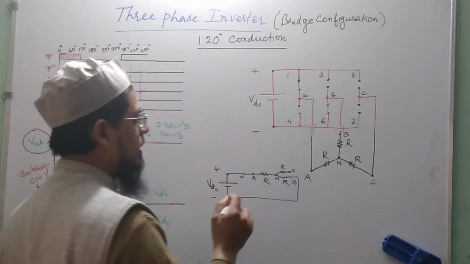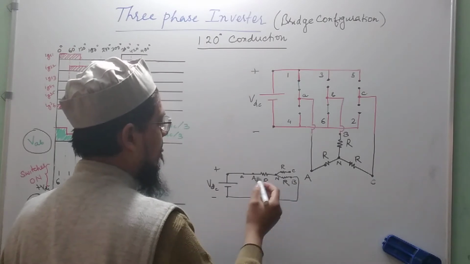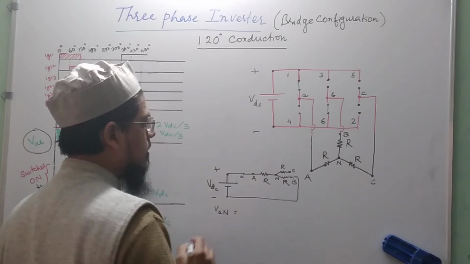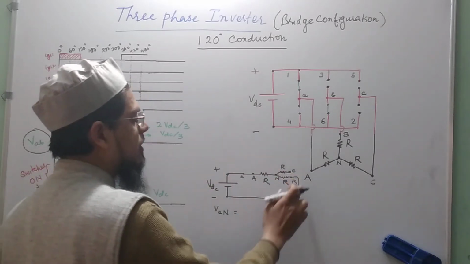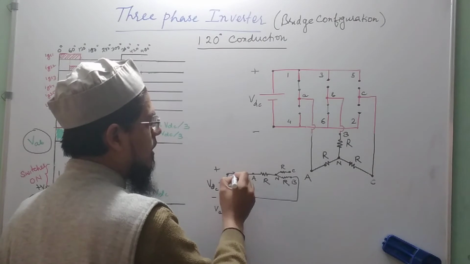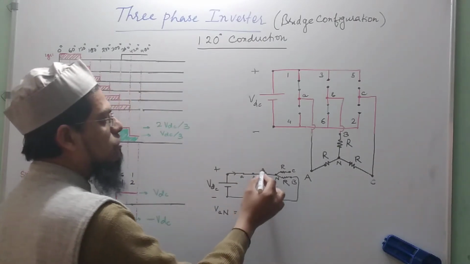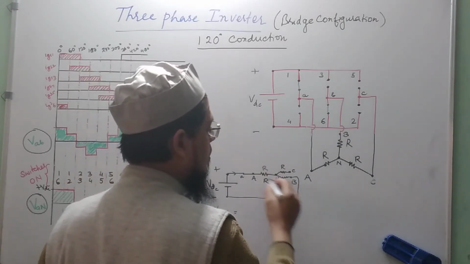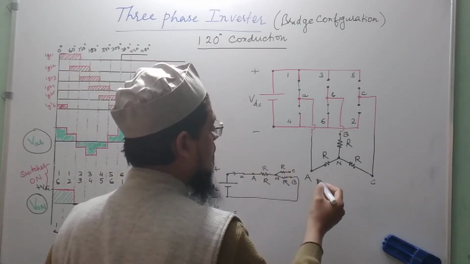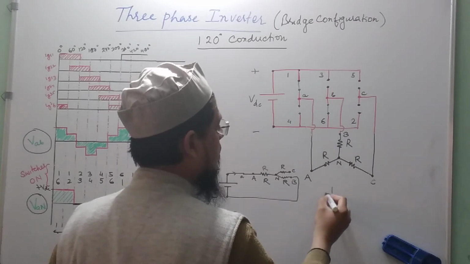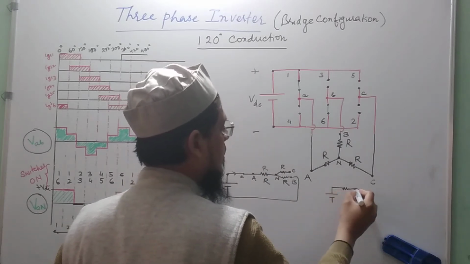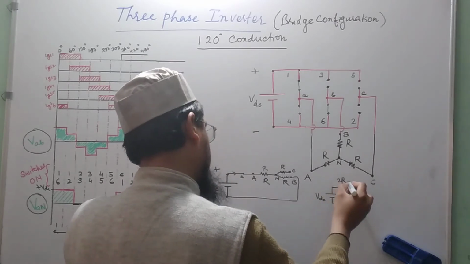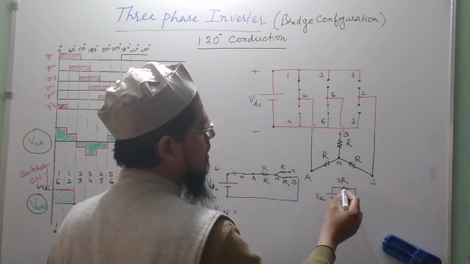Now, let us find out the phase voltage VAN. For that, we need to find the current flowing in the circuit, and we can easily find it. These 2 resistances, which are R, are in series, so the equivalent resistance would be 2R. So, basically the circuit is like this: VDC with 2R connected across it.